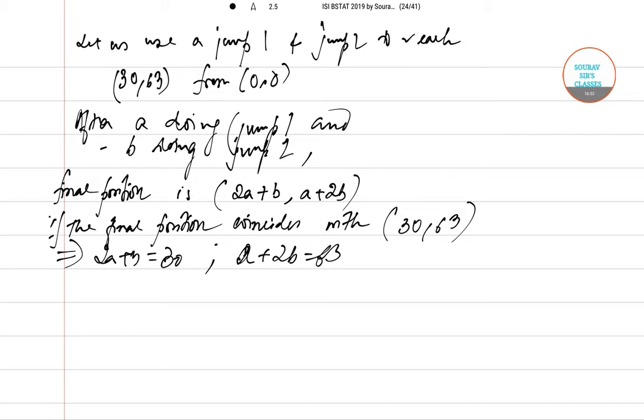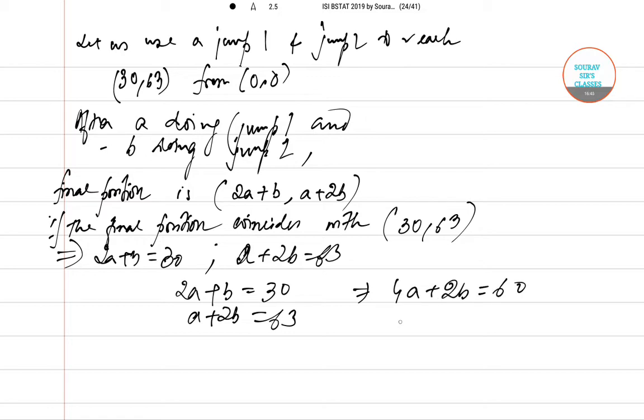On solving this simultaneously, let us multiply the first equation by 2, so it will be 4A plus 2B equal to 60, and this will be A plus 2B equal to 63. Subtracting, we will get 3A equal to minus 3, so A equal to minus 1.